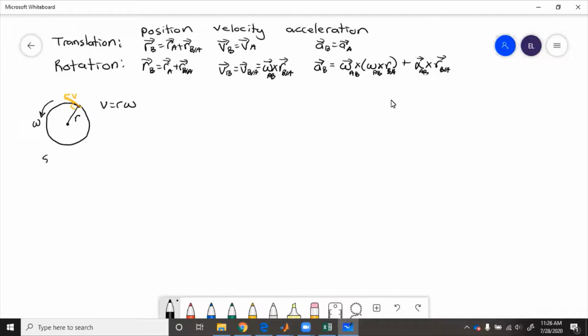Now we know that S equals R theta. Say that's theta, that's S equals R theta. V equals R omega. So then the scalar form of A equals R alpha. So we can relate translational to rotational using the radius.